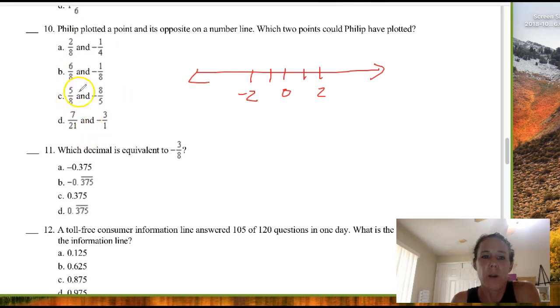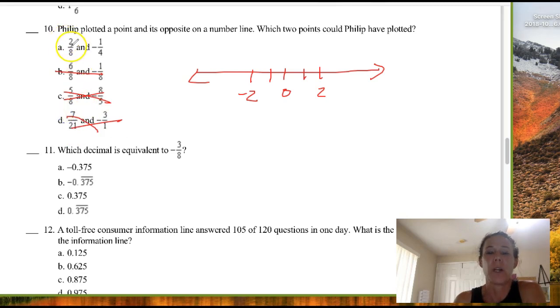So if I want to reduce all these in C, I can already tell you it's going to be A, but if you look at B, 6/8 and 1/8, this isn't 1/8 and -1/8, so it's not B. 5/8 and 8/5, these are not the number and its opposite. -5/8 and 5/8, no. 7/21 and 3/1, once again, I'm looking for 3 and -3.